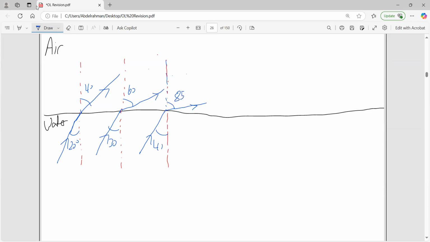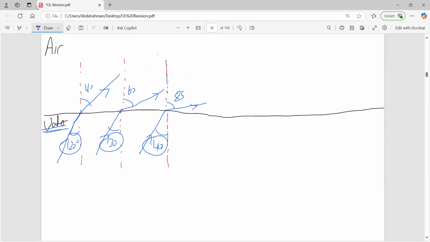When does it reach 90 degrees? When does the wave start to move along the normal? If the angle of incidence from the more dense medium becomes equal to a certain angle, which is the critical angle.